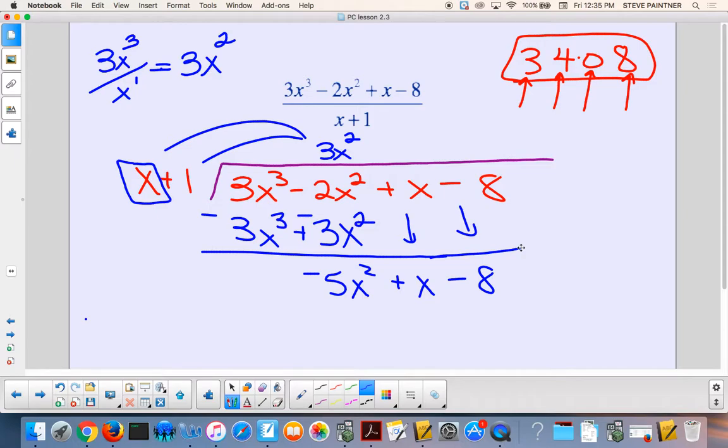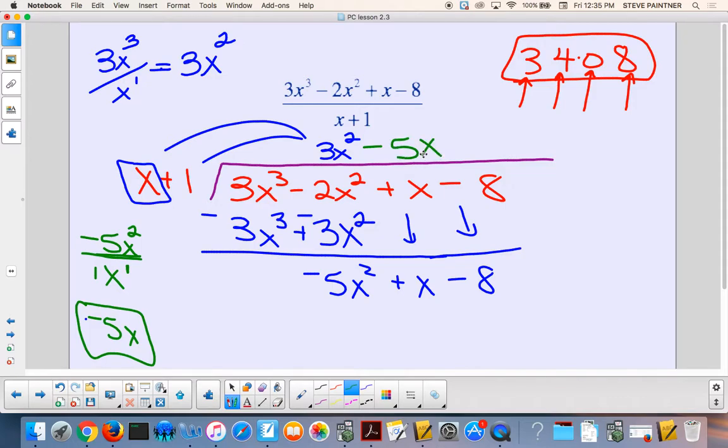Next, you want to know how many times will x go into negative 5x squared? Divide by x. This is 1, by the way, so negative 5 divided by 1, negative 5. X to the second over x to the first makes x to the first. I'm getting minus 5x, right?